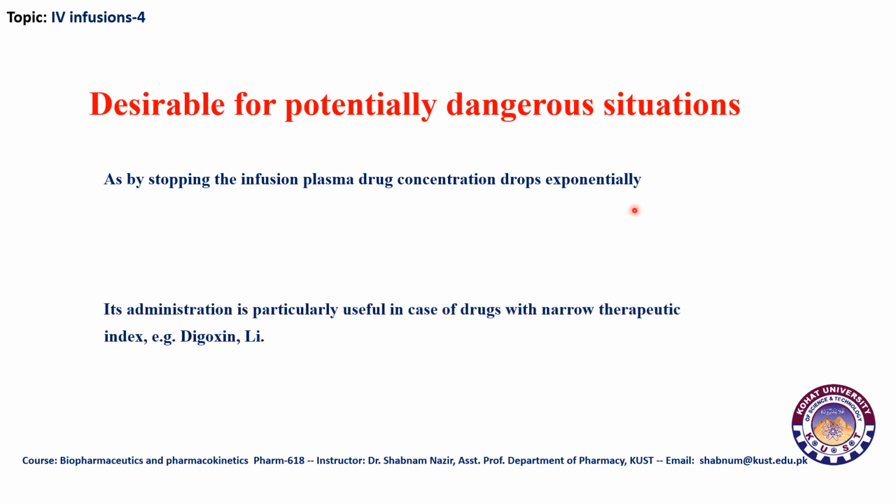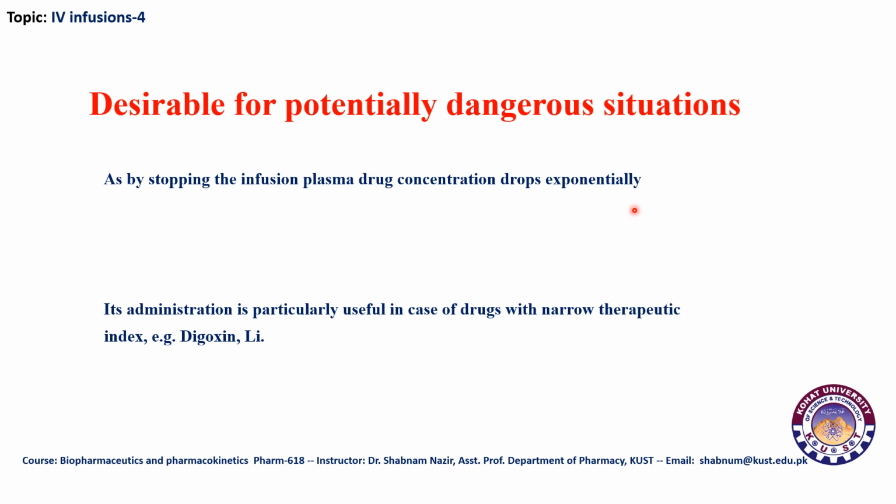Its administration is particularly useful in case of drugs with narrow therapeutic indices, for example digoxin, lithium, and gentamicin. As we know, digoxin is a very potent drug, and it has a very narrow therapeutic window, and within no time it can cross the minimum toxic concentration, and its undesirable effects are directly on the heart.